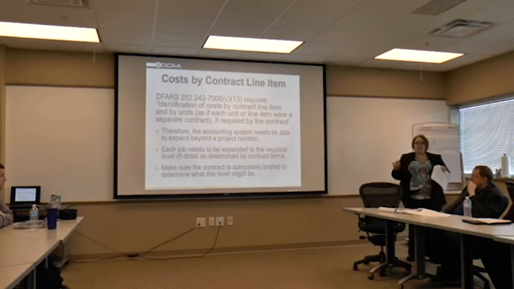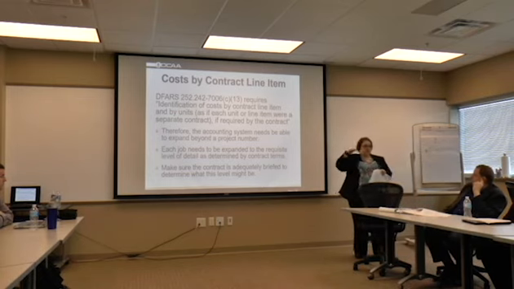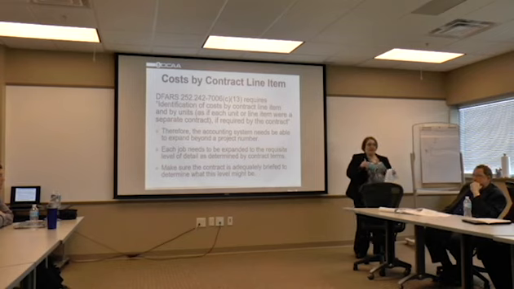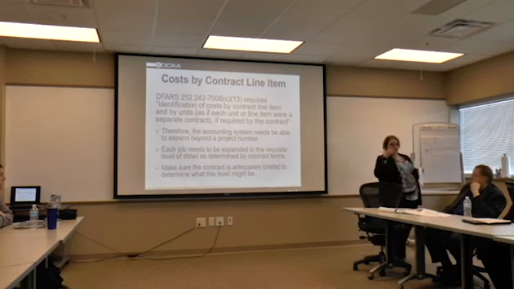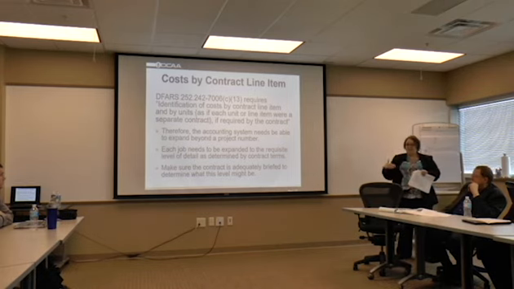We're seeing more of this where we have a contract with a CLIN structure where labor is maybe on one CLIN and material on another CLIN, and we're also seeing it broken out by years. So it's very important that your system can break it down at that particular level.